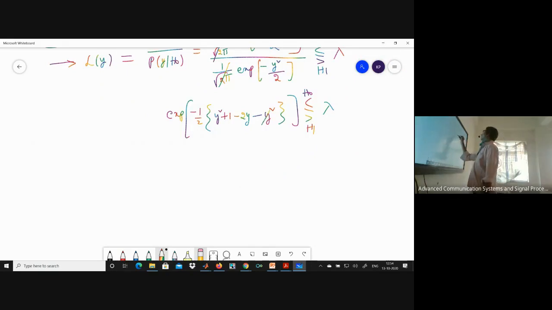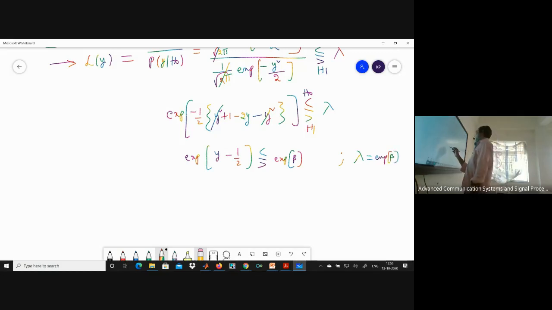So these two will get cancelled, so exponential of minus 1 by 2 y minus 1 by 2 will be there, less than lambda, and this lambda I will consider as exponential of some beta. So lambda is equal to exponential of beta.